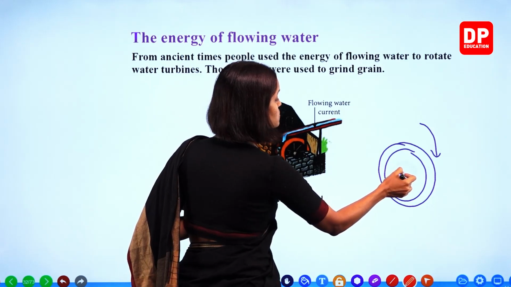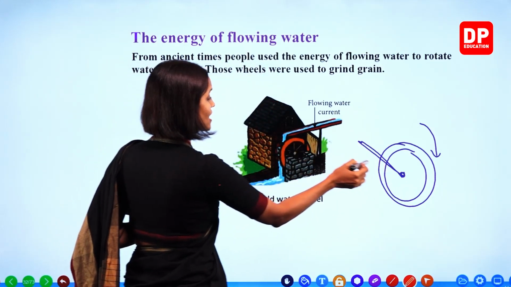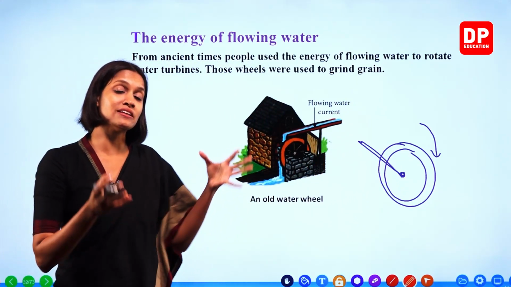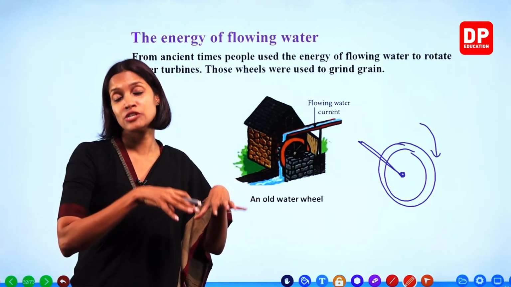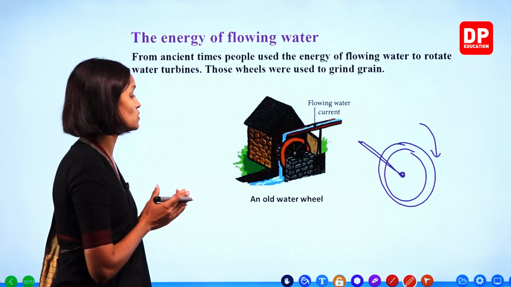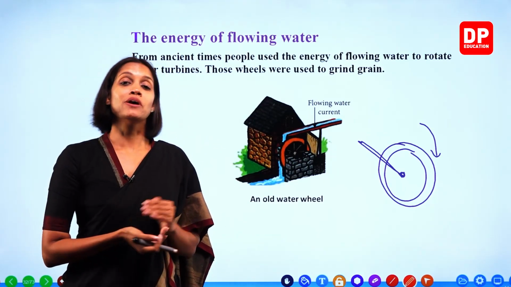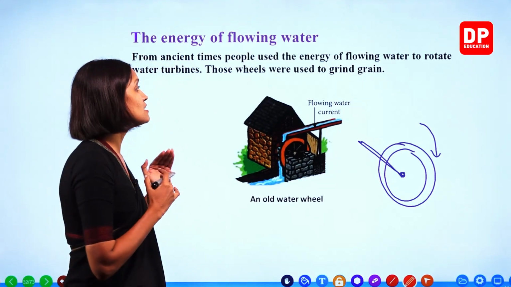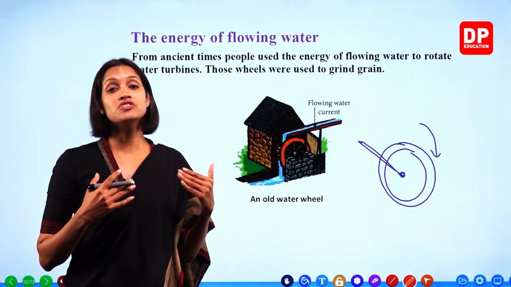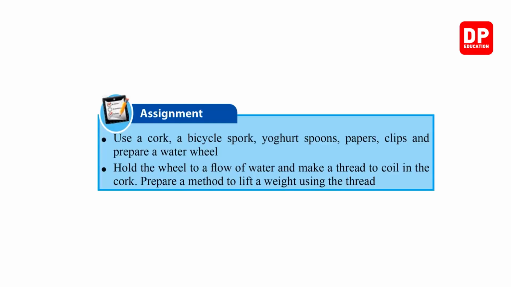The axis of this water wheel is connected from inside to the machine-like part where they used to grind grains. So this is why these places are known as water mills. But nowadays we use the energy contained in flowing water to generate electricity. We'll move on to the next.